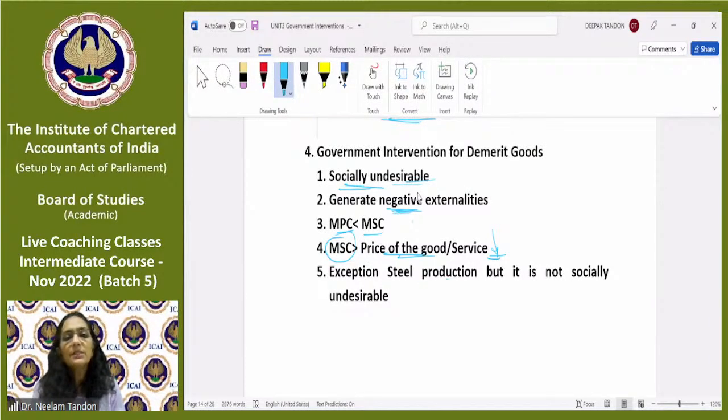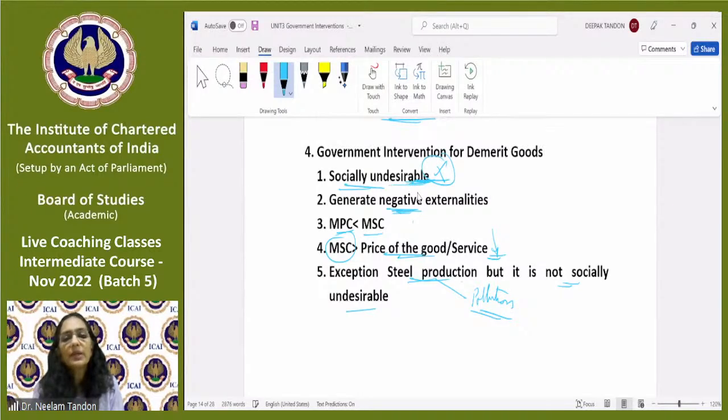But we cannot say steel is a demerit good, that it is socially undesirable, though it leads to negative externality. If you go for steel production, it creates pollution. That's bad, but it is not socially undesirable. So what's your take? All demerit goods are not socially undesirable. So this is not a condition always, okay? It varies.